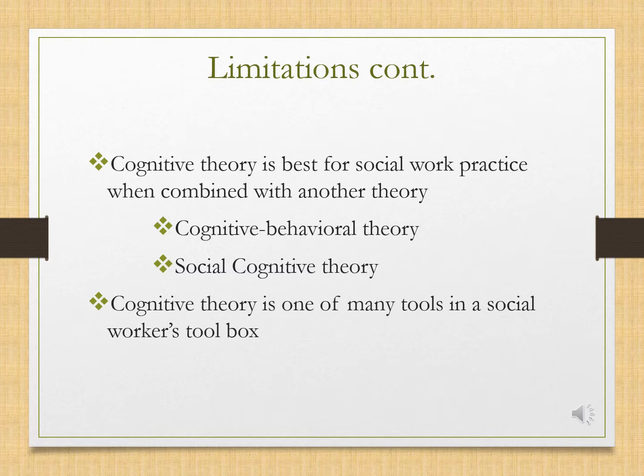Cognitive theory can offer a strong base of knowledge for understanding thinking patterns and conditioning. However, to deliver the most well-rounded and culturally sensitive practice in our field, cognitive theory is best used as one tool among others. Cognitive theory can be complemented by these other theories, which help to make up for some of its limitations.